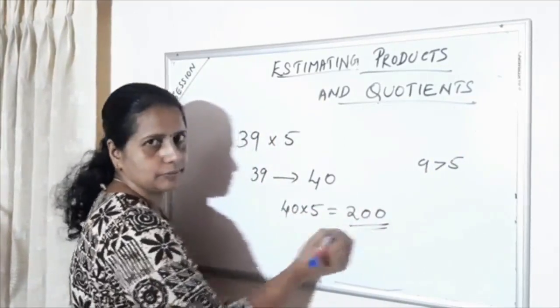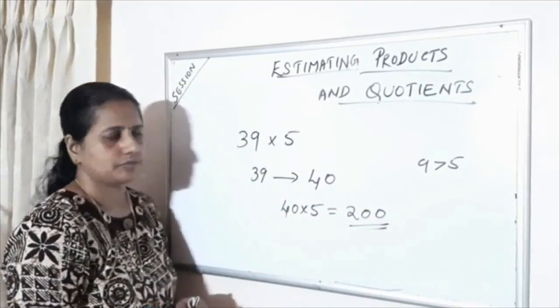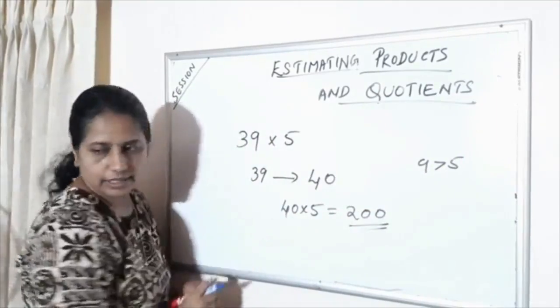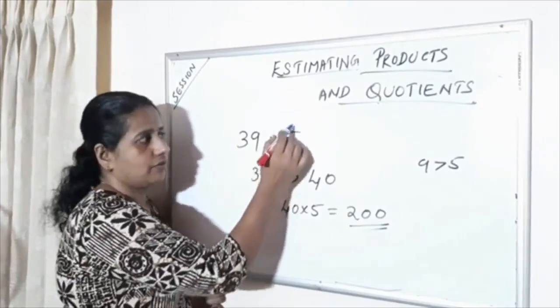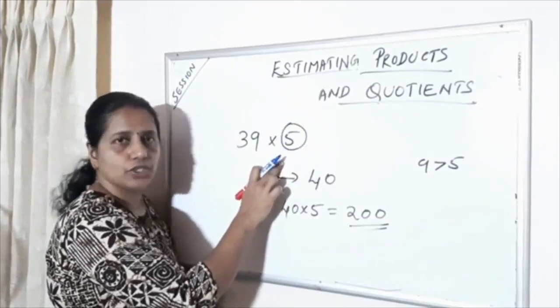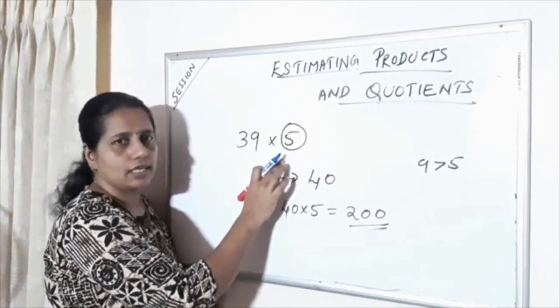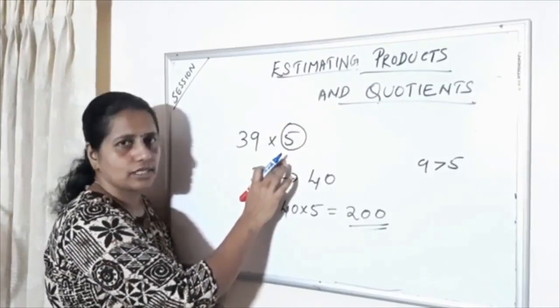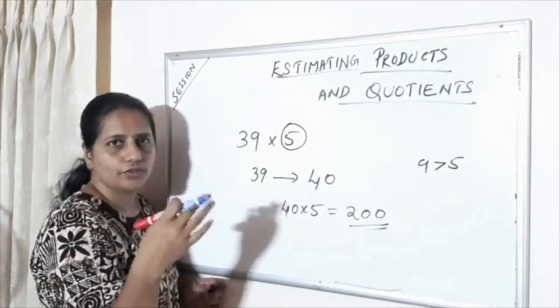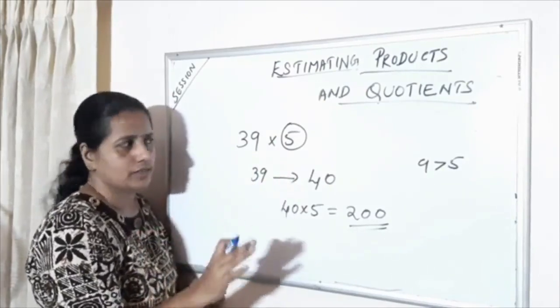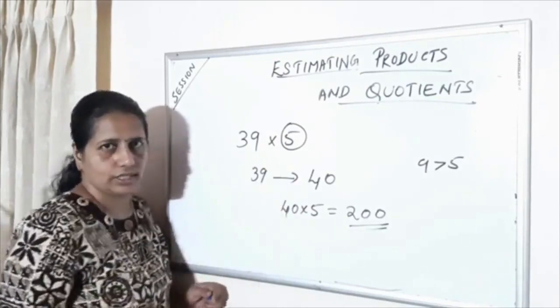Clear? Since 5 is a 1-digit number, no need to estimate. Single digits need no estimating. Only 2-digit, 3-digit and 4-digit numbers we have to estimate.